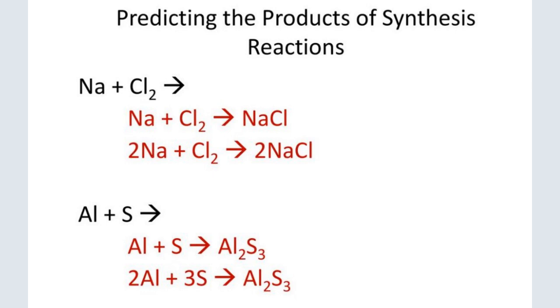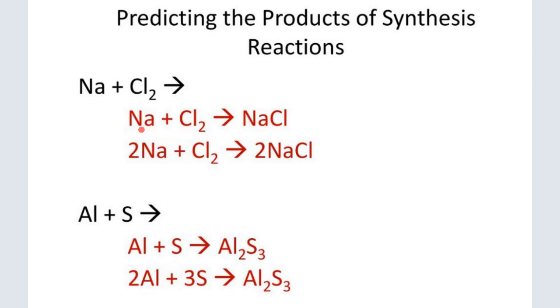Predicting the products of a synthesis: Na plus Cl gives me NaCl. Now we're going to count these up, so we're going to have to balance these.